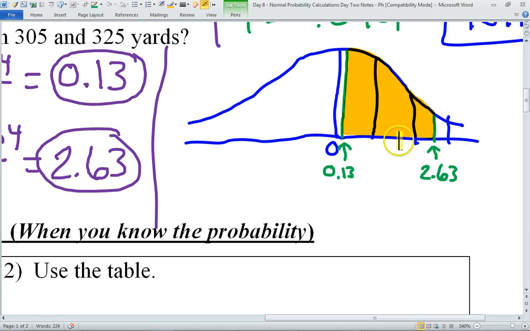Now, when you want to find the area between two z-scores, we will find the percentages of these two, and then subtract the bigger one minus the smaller one. So let's go ahead and find these two numbers on the z-score chart. Let's start with 2.63.